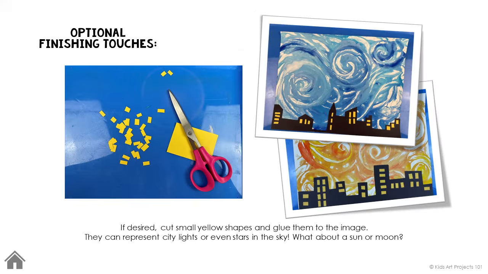And then if time permits or their interest is there, you can also offer a little piece of yellow construction paper, and that can be used just to add some windows, just a little yellow random scrap.